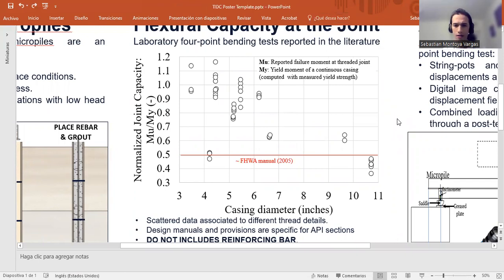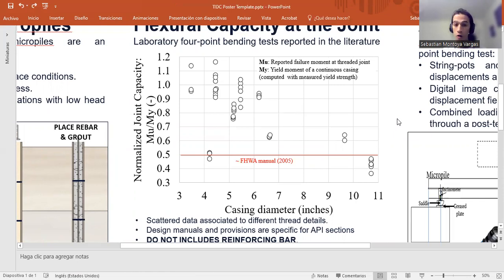That's what I'm showing in the diagram here, where I compiled about 40 four-point bending test reports from the literature. The vertical axis shows the joint capacity, MU, the bending moment that causes failure at the joint, normalized by the yielding moment of a continuous pile, MY.